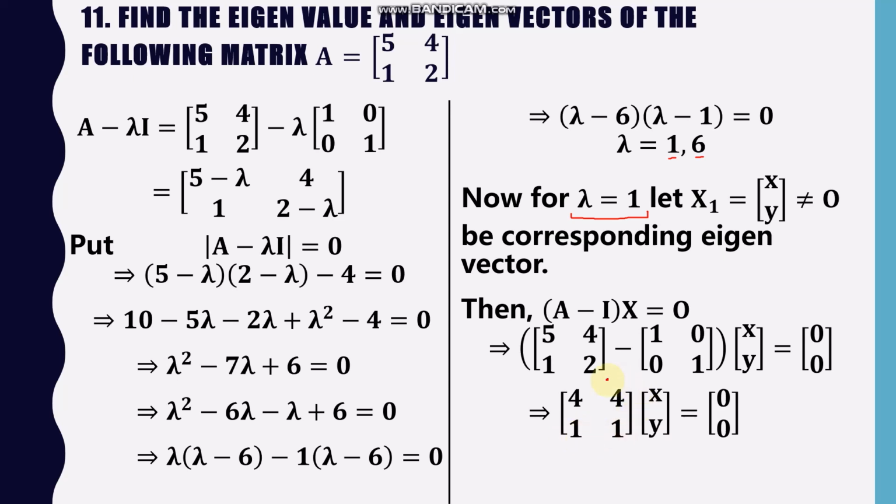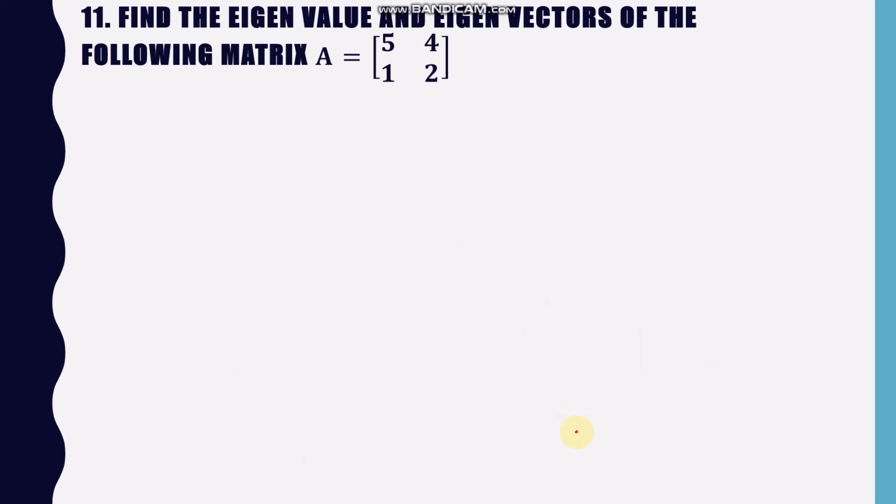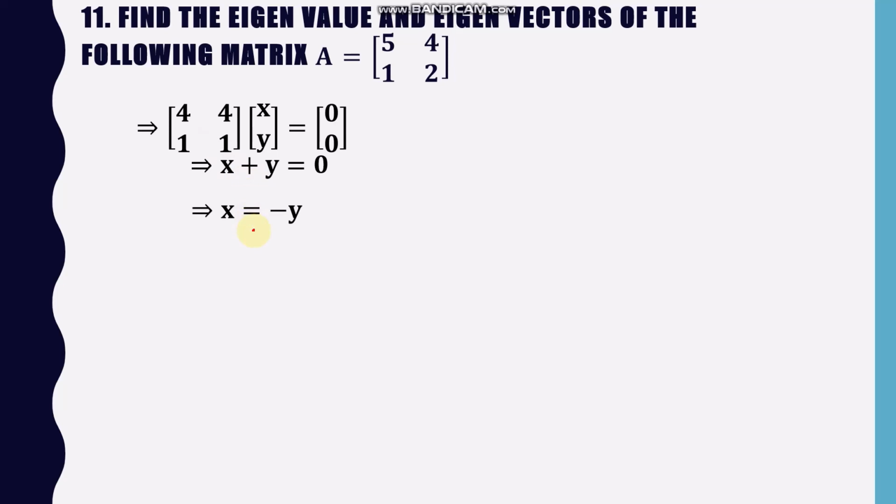You can clearly see the rank of this matrix is 1. So from here we will get only one equation, right? The one equation which we will get from here is x plus y equal to 0. Okay, so from here we get x equal to minus y.